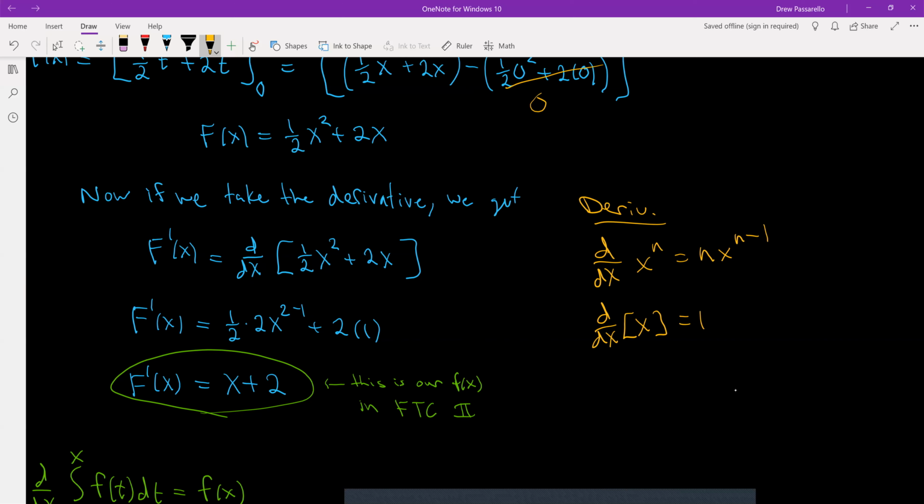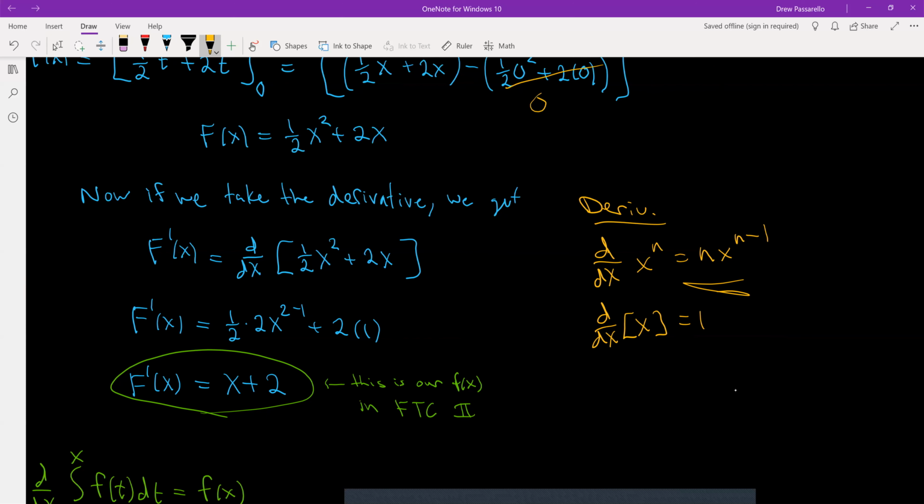So if we differentiate 1/2 x squared plus 2x, you get 1/2 times the derivative of x squared. Well, the derivative of x squared is 2x to the 2 minus 1, using that rule. And then plus 2 times the derivative of x, which is 1. Simplifying that, the 1/2 and 2 cancel out, so you just get x to the first power, which is x, and then plus 2, because 2 times 1 is 2.